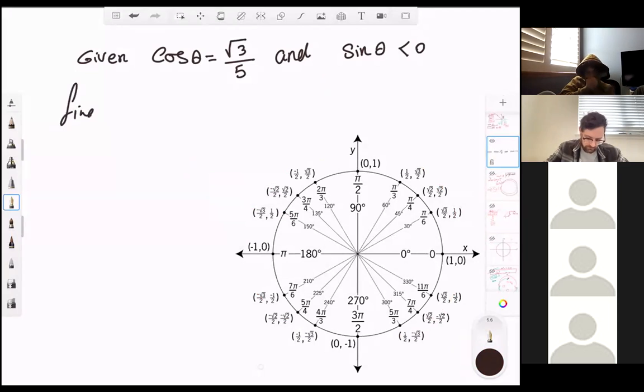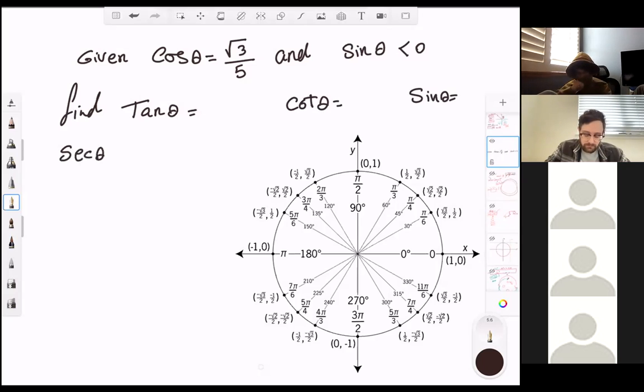Find tangent of theta, cotangent of theta, sine of theta, secant of theta, cosecant of theta. So that was the question I was telling you guys. I give you one and I ask you to find the rest of the 5.